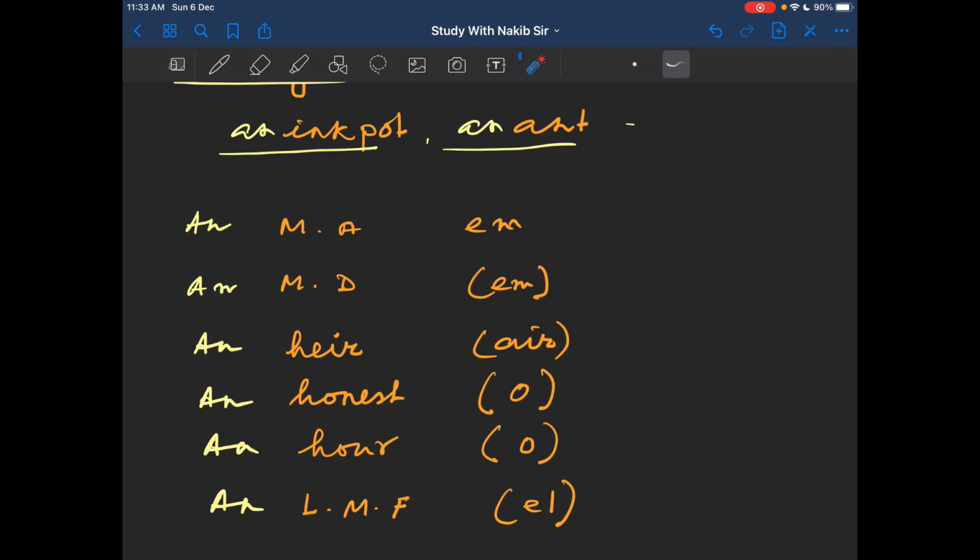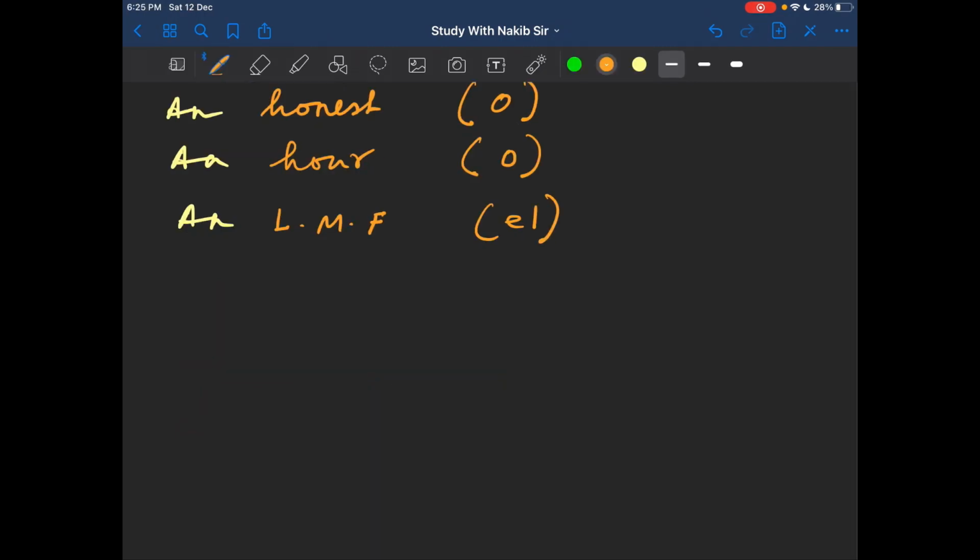These 2 points only. So these are the mechanical placements of the articles before the nouns. With the mechanical knowledge, we will now see the practical or functional use.